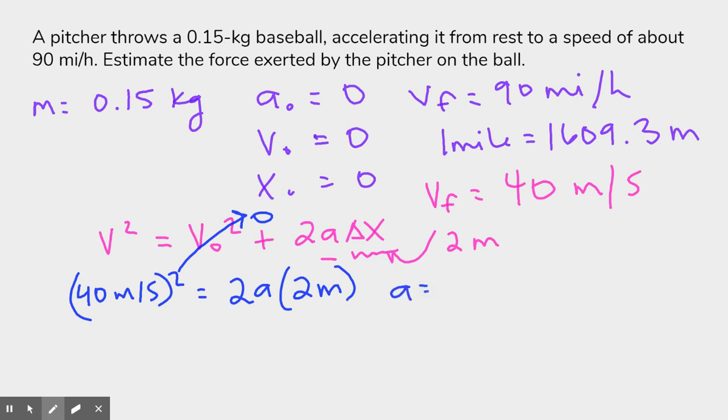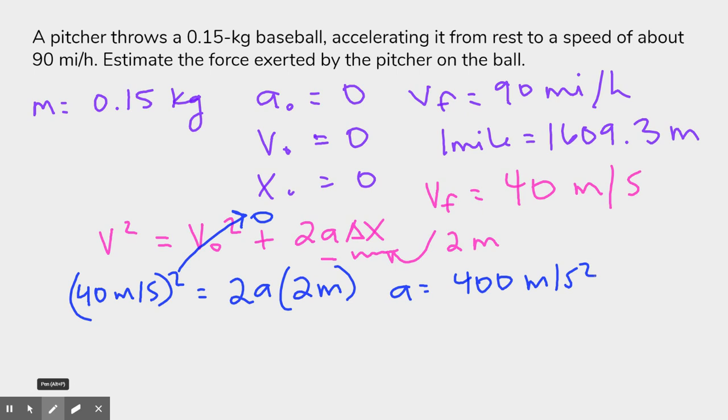So a equals, sorry, I had to put this in a calculator. Okay. I forgot to do the last bit of math there. A is equal to 400 meters per second squared.